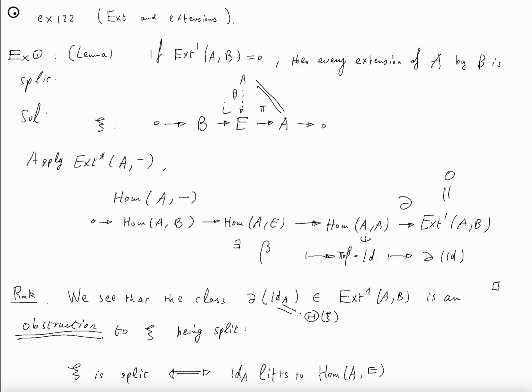Because, superficially, we got this long exact sequence coming from the short exact sequence. In other words, how do you get your map partial? Your map partial comes from a given short exact sequence.